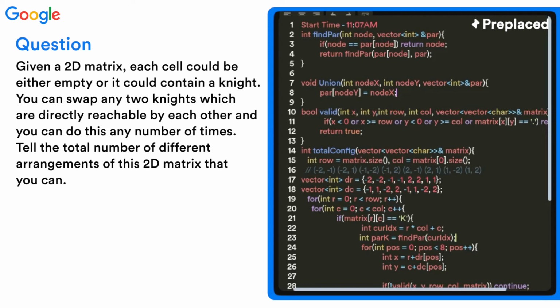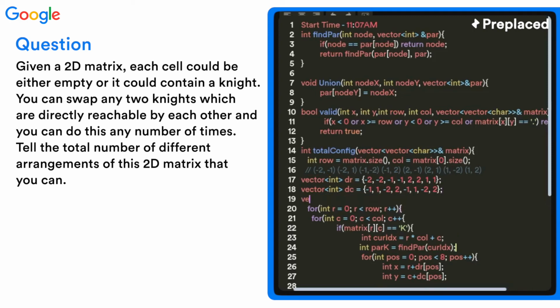Now, where do we encounter this parent vector? I can't see it anywhere. Sorry, I'll just be doing that. So vector int parent, I'll be having a total of row into column. Are you sure about this thing? Yeah, because if I have a 2 cross 2 matrix, each cell is a parent of itself.